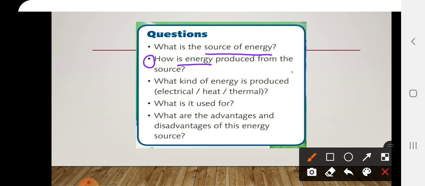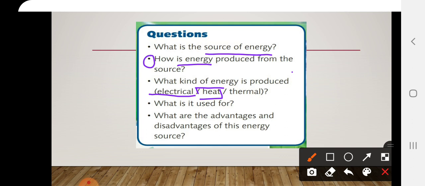Into electricity. So the kind of energy produced is, for example, electrical. Or if you are talking about sun energy, you can say that the kind of energy is heat.